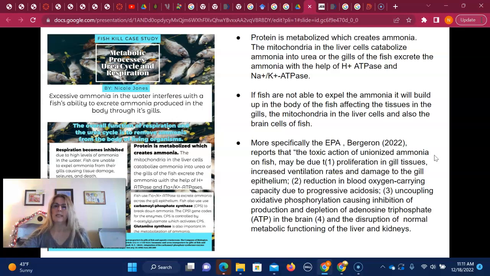So more specifically, Bergeron spells out that the toxic effects of ammonia are that it causes proliferation in gill tissues and increases ventilation rates, which damages the gill epithelium.